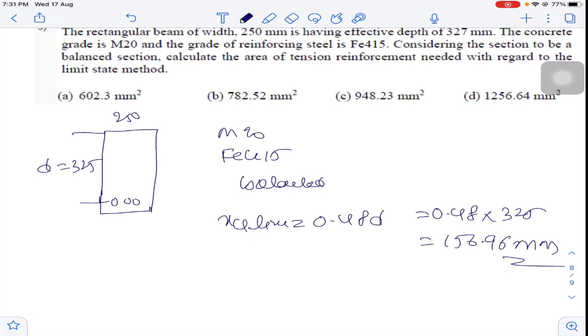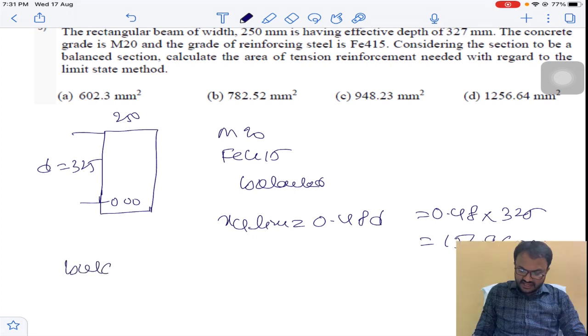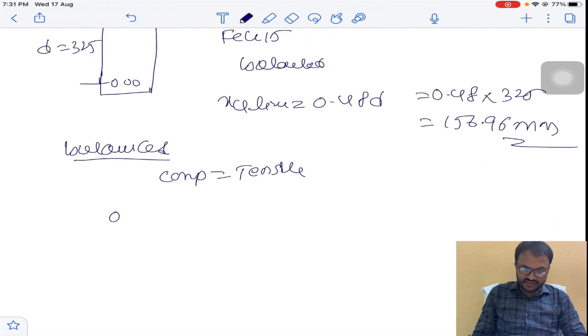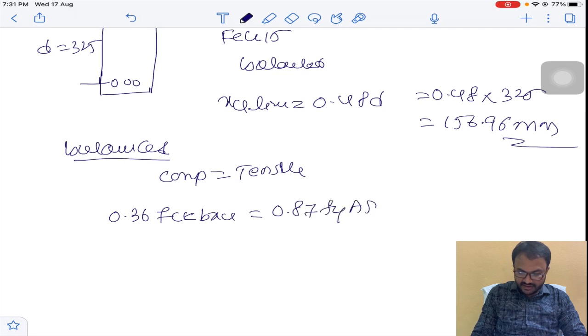Clear? So now, if section is balanced, so compressive force is equal to tensile force. So compressive force is 0.36 FCK B XU. Tensile force is 0.87 Fy AST.